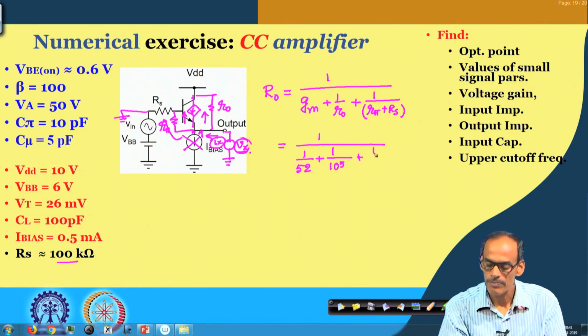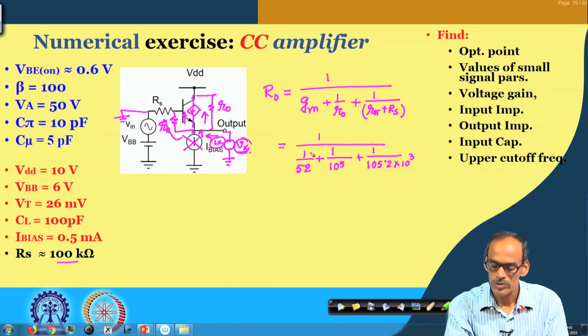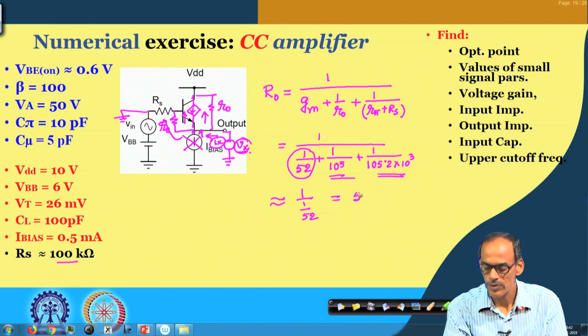So, this is 1 divided by 105.2 into 10 to the power 3. Again, compared to the gm term, the other terms we can drop. So, it is again 1 by 52, that means it is 52 ohms.